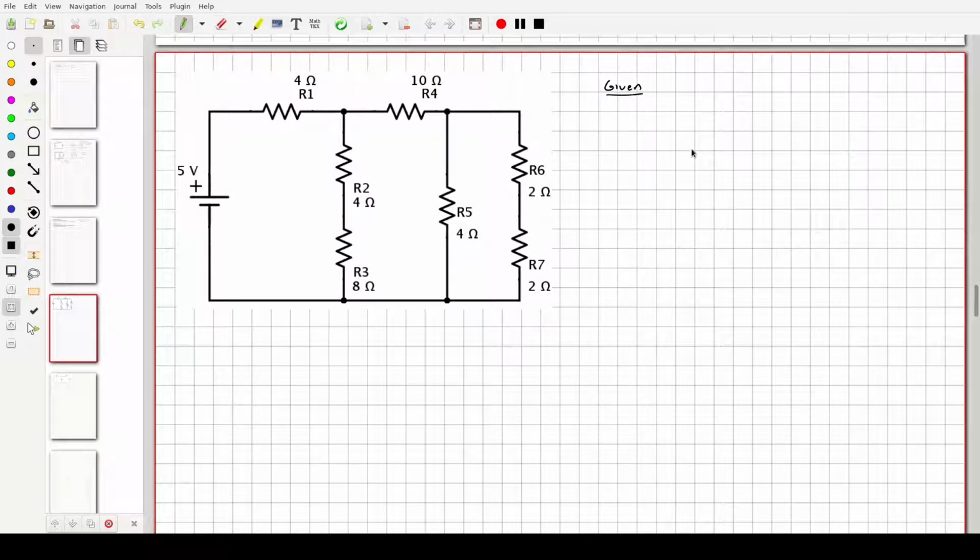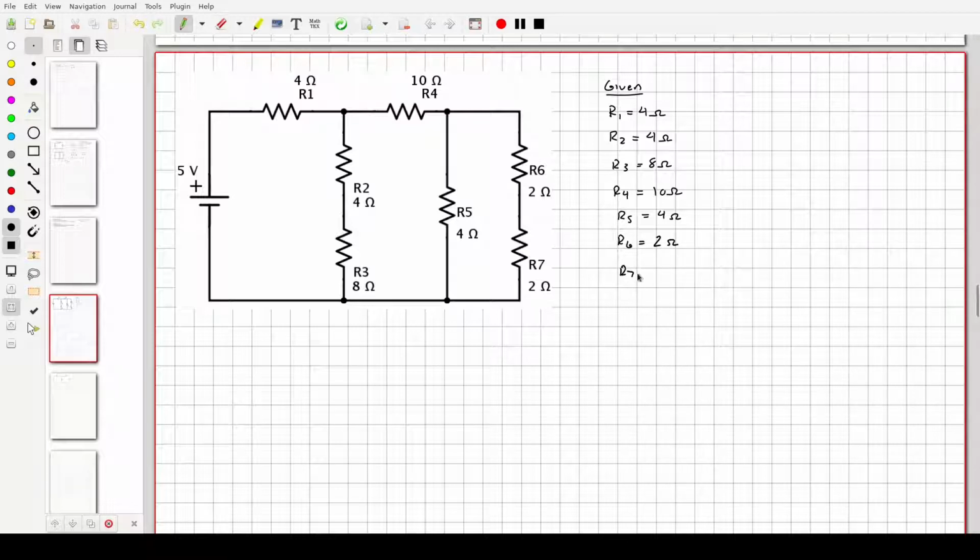And we have 7 resistors. R1 is 4 ohms. R2 is 4 ohms. R3 is 8 ohms. R4 is 10 ohms. R5 is 4 ohms. R6 is 2 ohms.